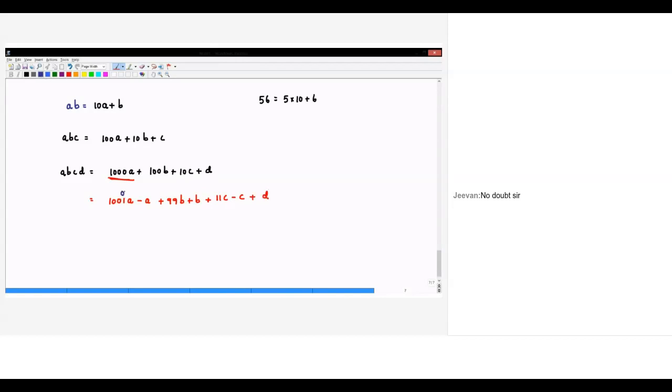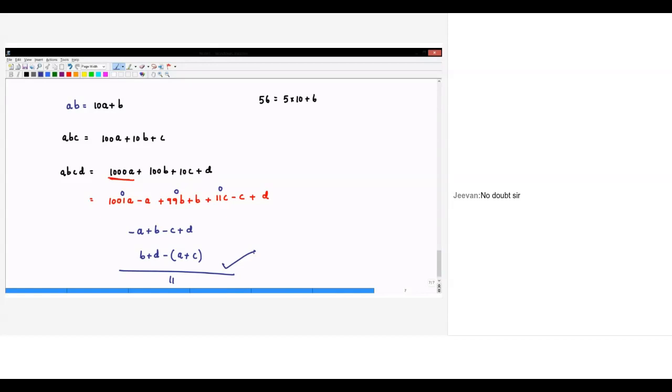Take out. This becomes 0. This becomes 0. This becomes remainder 0. Therefore, what is left? Minus A plus B minus C plus D, which means B plus D minus A plus C. If this is divisible by 11, then the entire number is divisible by 11.